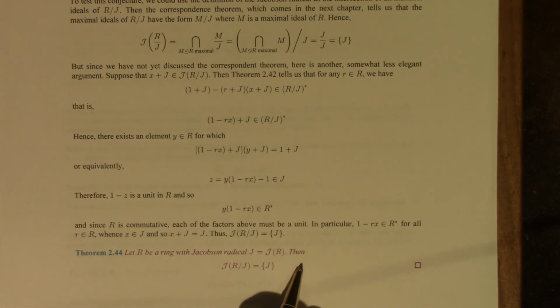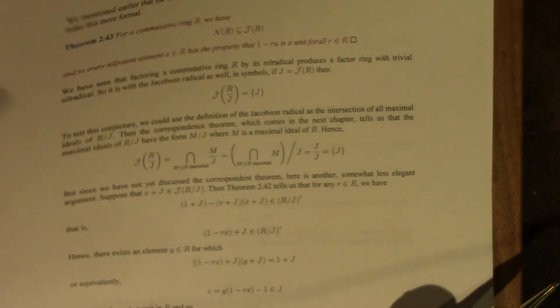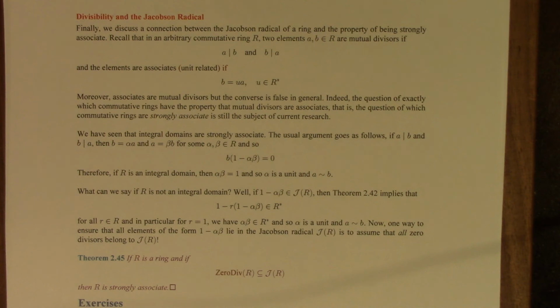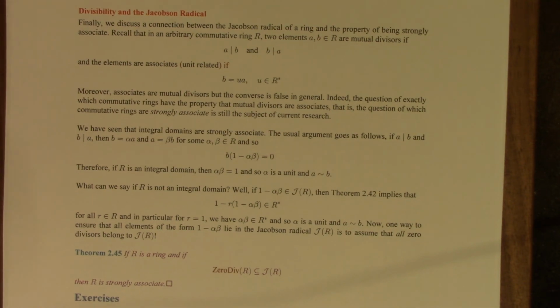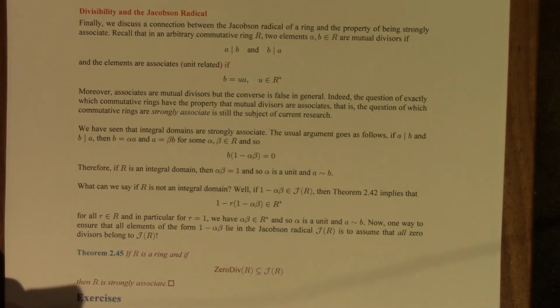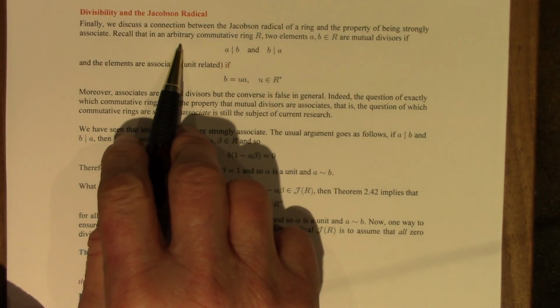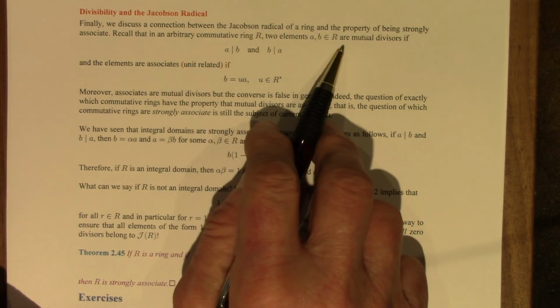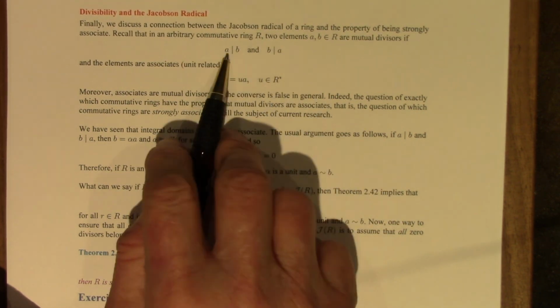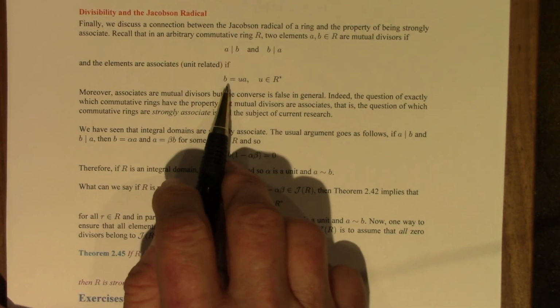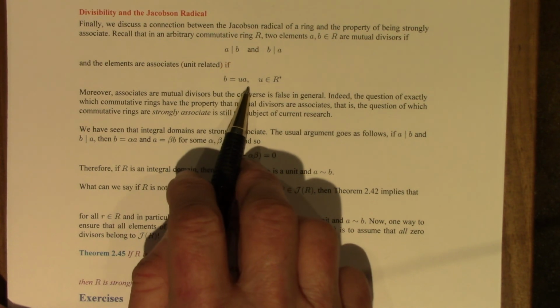And here's the theorem. Finally, to conclude, we'll discuss a connection between the Jacobson radical of a ring and the property of being strongly associate. Just to review, we say that in an arbitrary commutative ring, two elements are mutual divisors if each divides the other, and they're associates or unit related if each is a unit multiple of the other.